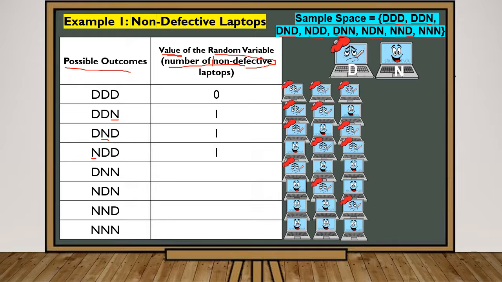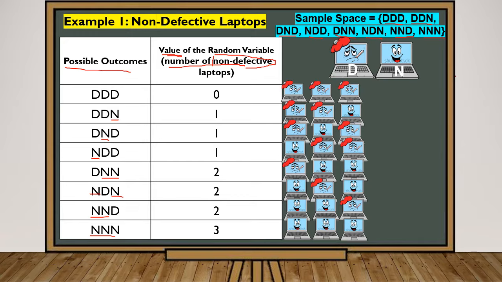Next outcome, we have here 1 non-defective. In the next outcome, we have 2 non-defectives. In the next outcome, we still have 2 non-defectives. And in the next outcome, 2 non-defectives. And in the last outcome, we have 3 non-defectives. So these are the values of the random variable for the non-defective laptops.